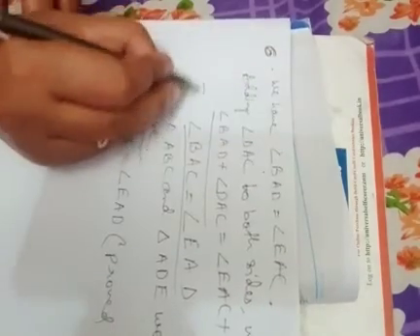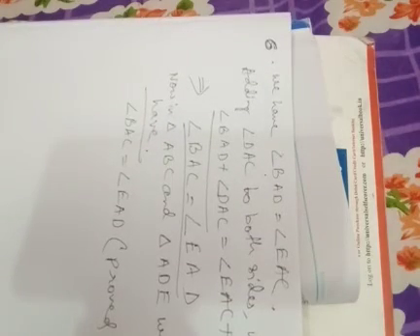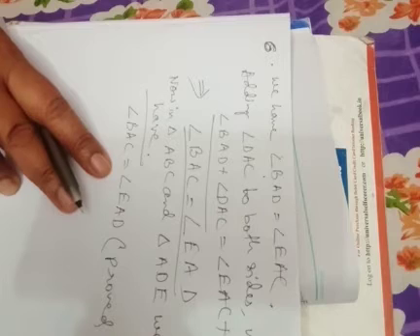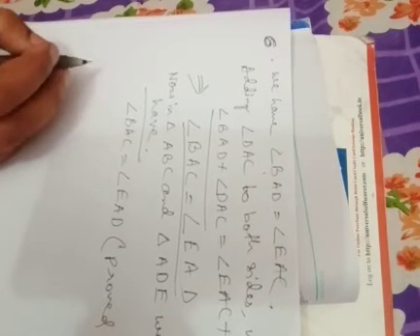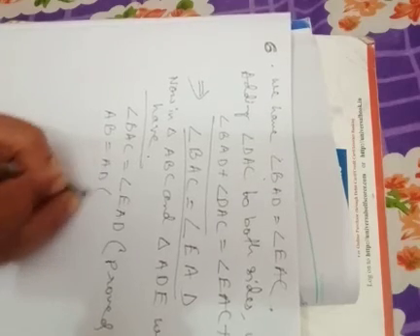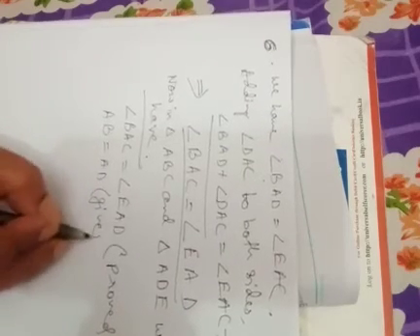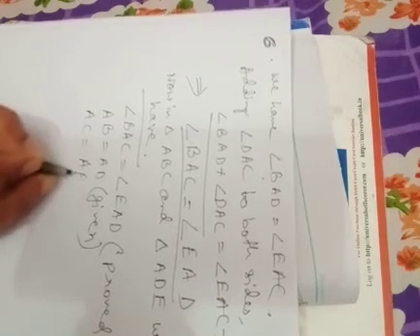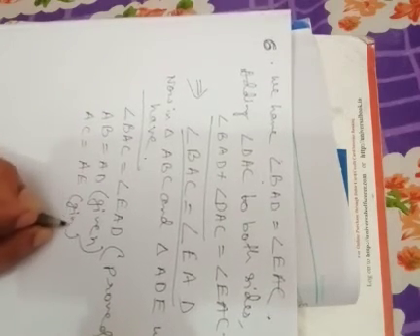AB is equal to AD, which is given in the question, and AC is equal to AE, which is also given in this question.